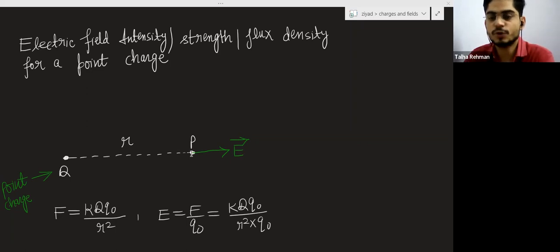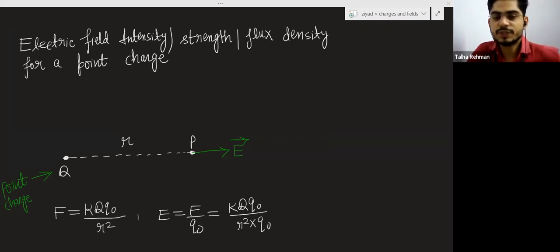And I have also told you how to find the direction of electric field. Suppose you want to find the direction of electric field at this point. Consider here a positive charge, and due to this charge, this is also positive. Due to this charge, the direction of force will be in this direction due to repulsion.